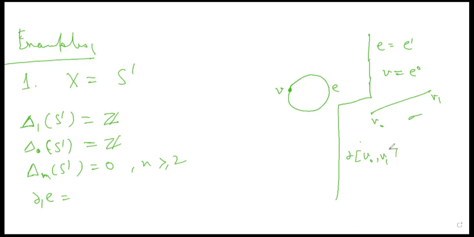In the case of simplicial complexes, we write this as minus 1 to the power 0 times V1 plus minus 1 to the power 1 times V0, right? So this is V1 minus V0.